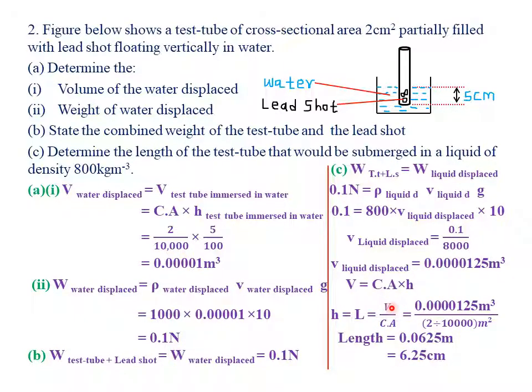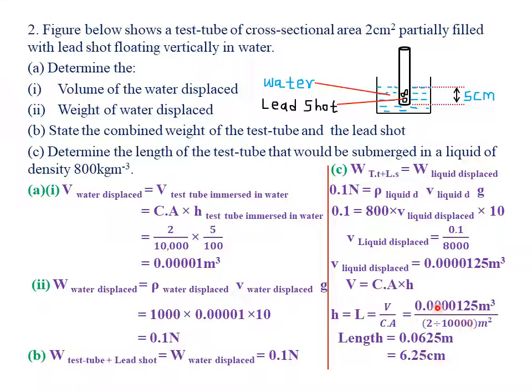So the volume of the liquid displaced, which is equal to the volume of the test tube that is submerged within that particular liquid, we have already computed up here as 0.0000125 cubic meter. Then the cross-sectional area of the test tube remains the same, which is 2 square centimeters. To convert into square meters, I'll simply divide it by 10,000.